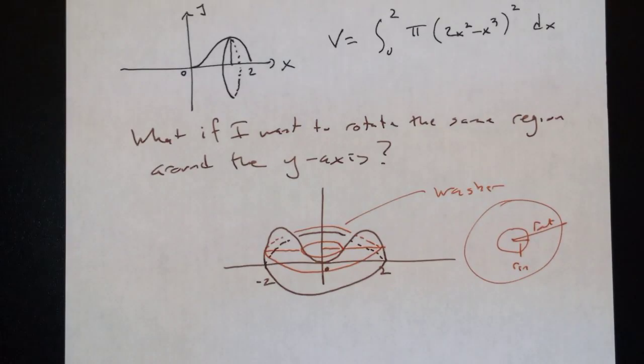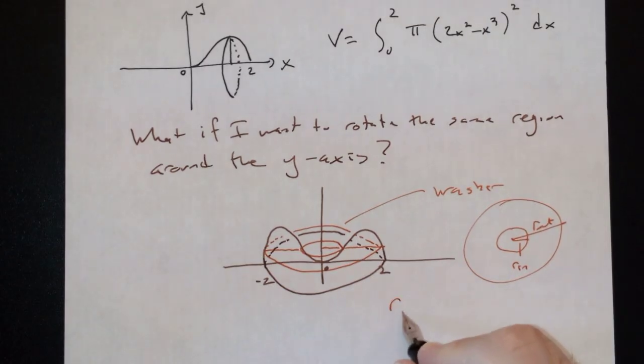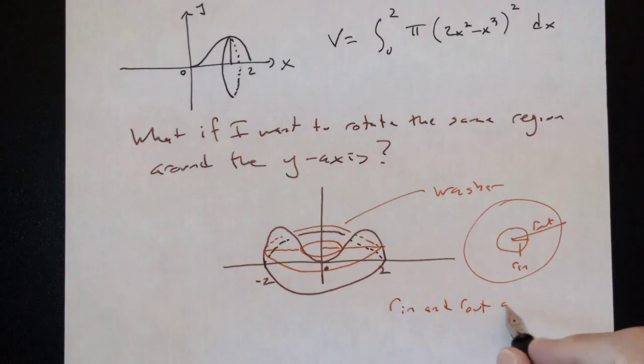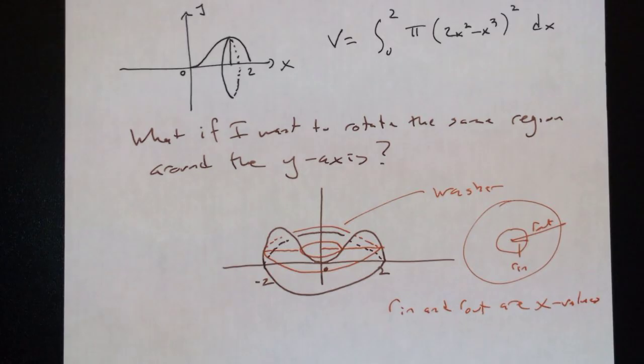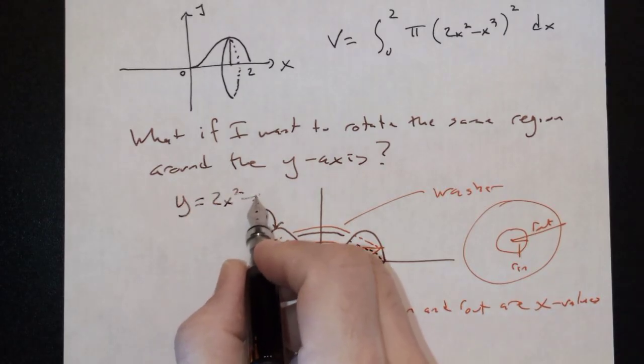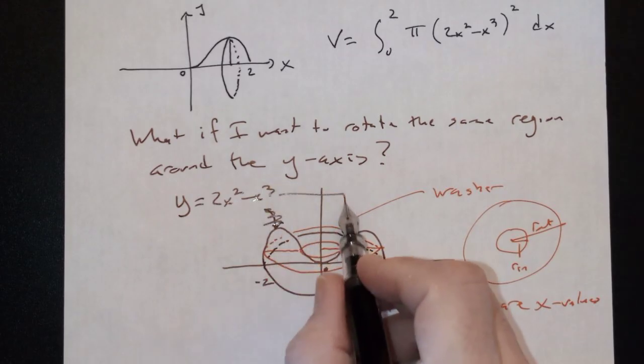But those radii are x values because they're measured here, horizontally. Problem. What's the equation for that curve again? And technically that's not this side, that's this side.